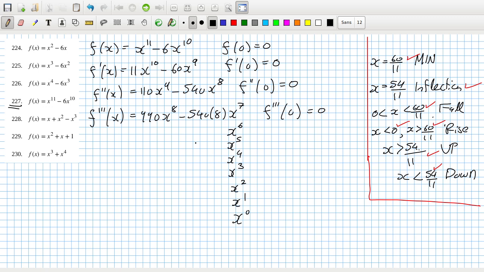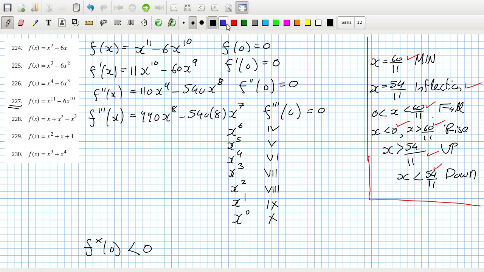And it'll be a negative number. This is the third derivative. This will be the fourth, the fifth, the sixth, the seventh, the eighth, the ninth, and the 10th. So we can conclude that the 10th derivative at 0 is a negative.